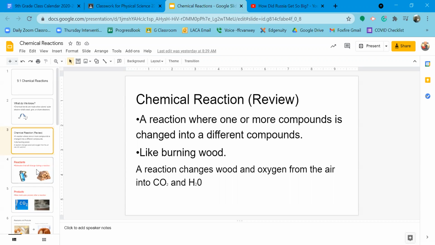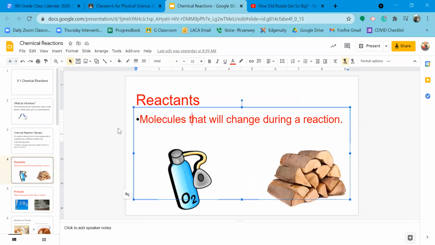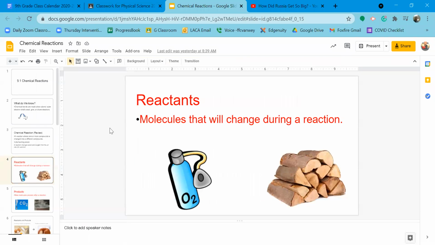So in that reaction, the reactants are the molecules that will change during the reaction. In this case, the reactants would be the wood, first of all, but also the invisible reactants, the ones that you can't see because they're gases, like oxygen. So when wood burns, it reacts with oxygen.